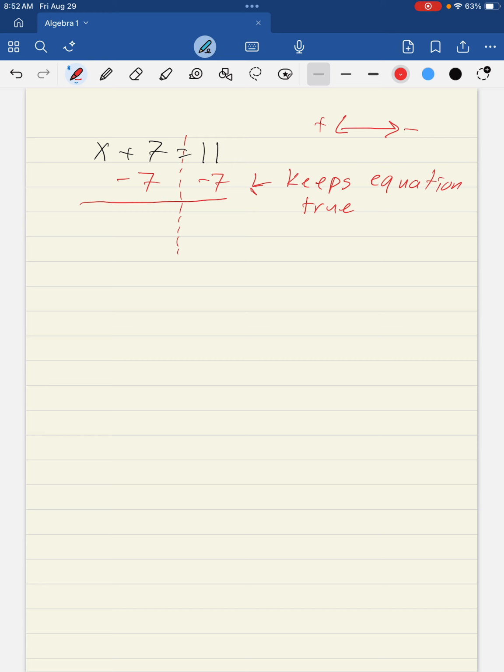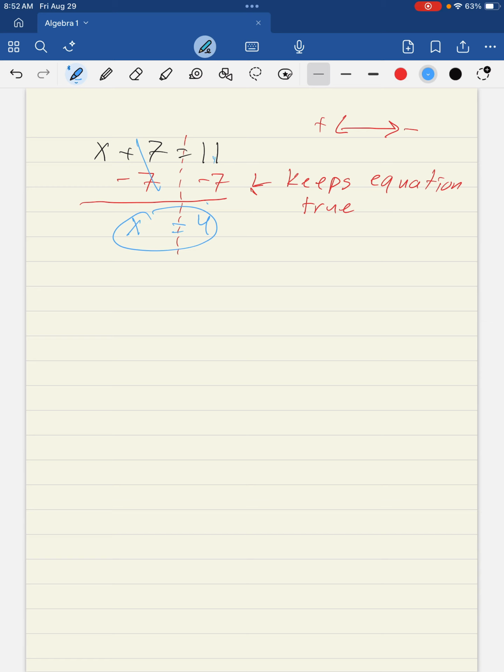and then our equation will stay true. What I like to do to show my work, I just kind of cancel there, bring my x down, so my x is there. x equals 11 minus 7, which is 4. Boom, done. Why did I cross out plus 7 minus 7? Because that equals 0.